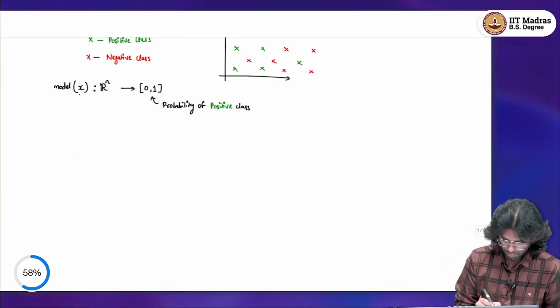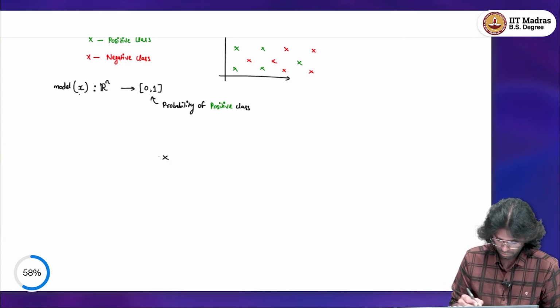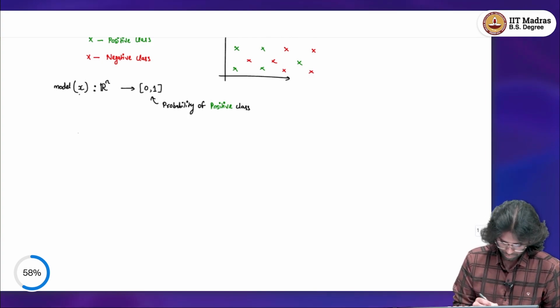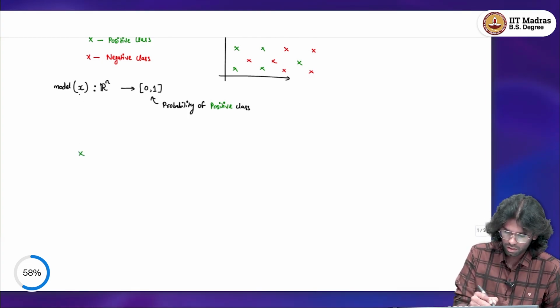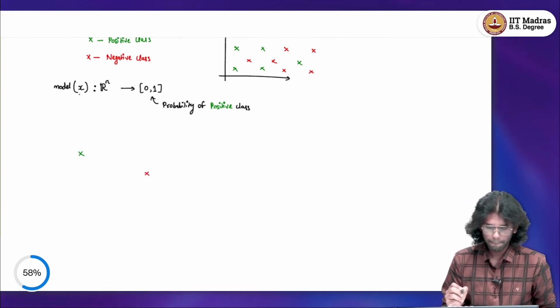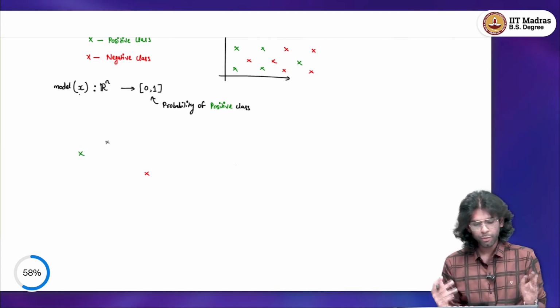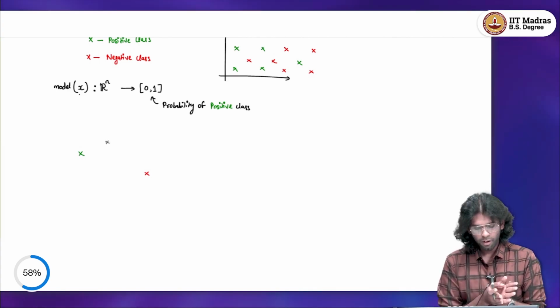Now suppose I have these two neighbors in my data set. I'll color these as well. So I have a green point here and a red point here, and now suppose my point was here. Which one would be the closest neighbor for this gray point?